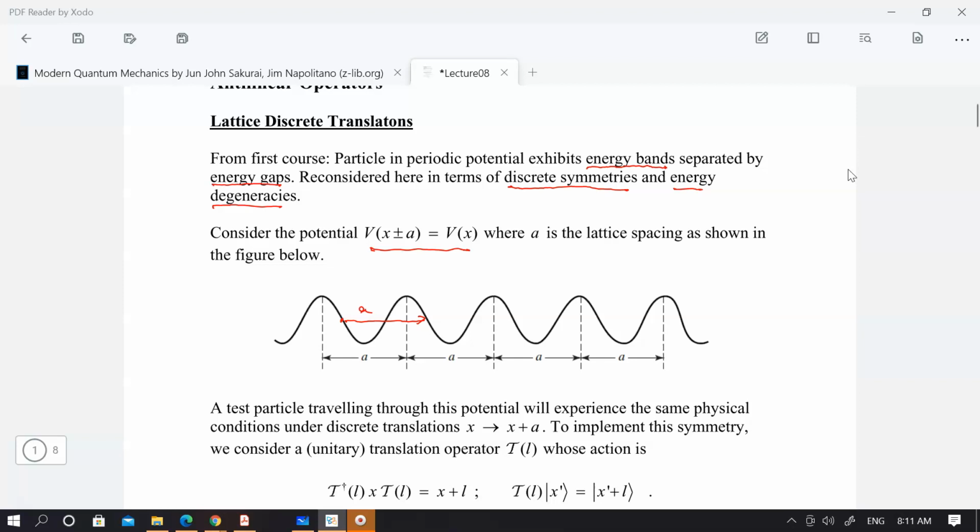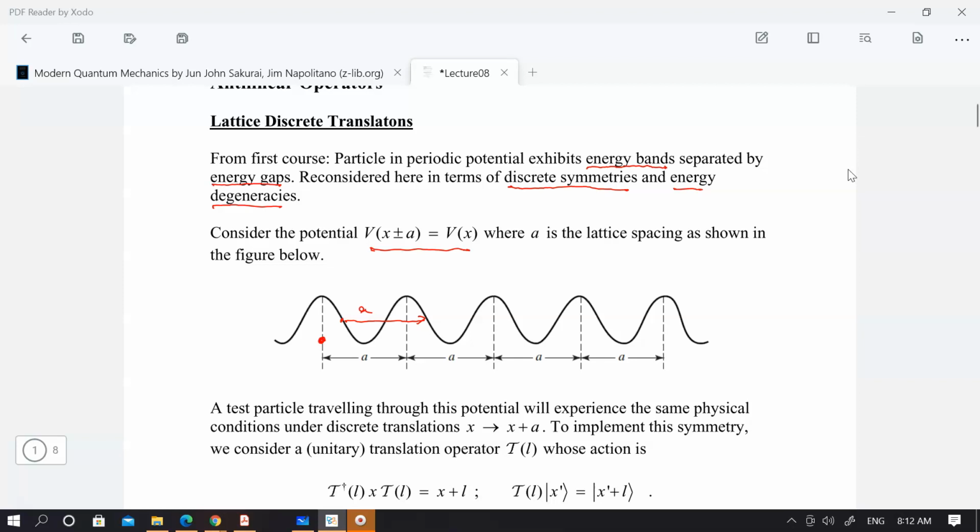Okay, so when do these arise? Essentially, one can think of this as a lattice in one dimension. One can generalize this further if you want, but for simplicity, we just think of a lattice in one dimension, where the peaks are where the potential is higher.